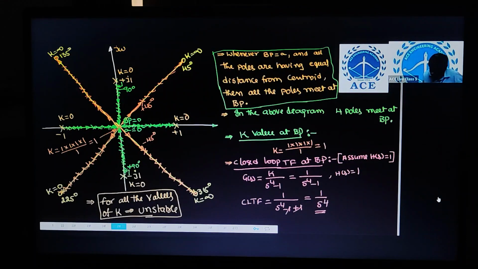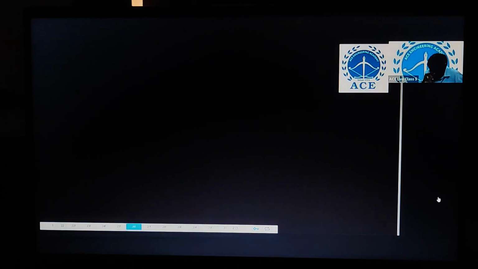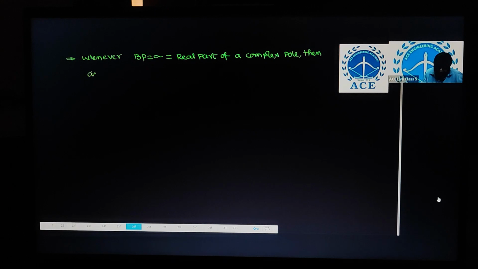Remember, one more point: whenever breakpoint equals centroid, that equals the real part of the complex pole, then the angle of departure is phi d equals minus or plus 90.